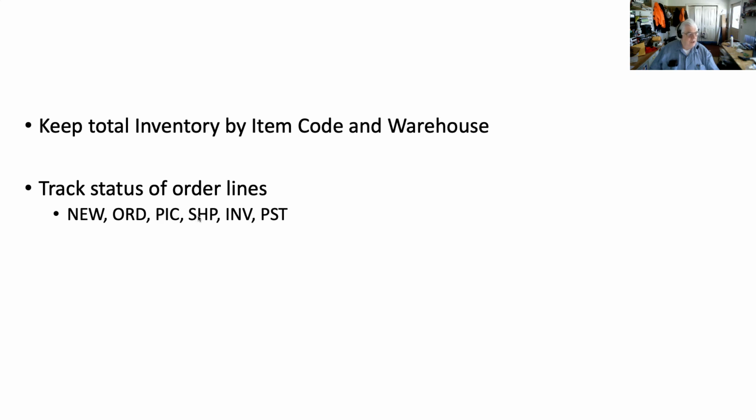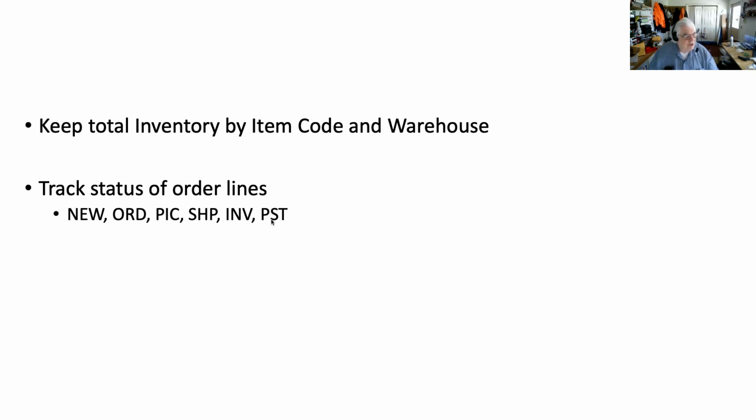When I get to the ship stage, do I want to change the inventory in the warehouse? When I get to the invoice stage and I've affected the cost of goods and affected the accounts receivable, do I want to change the inventory? Do I want to do it when I get to the PST?